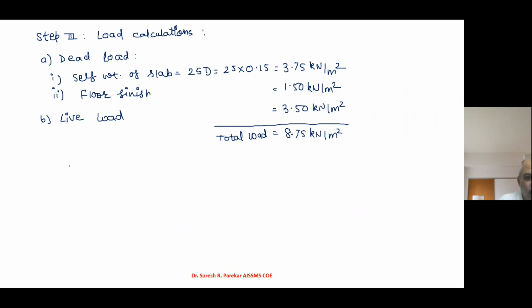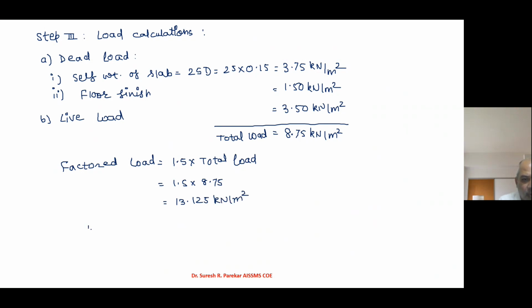Then we have factored load equal to 1.5 into total load. Total load is 8.75, so 1.5 into 8.75 gives 13.125 kilonewton per meter square.